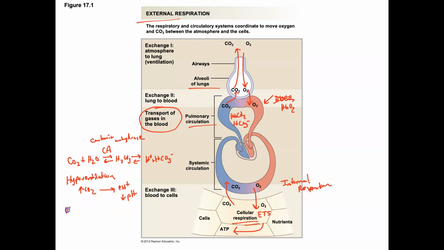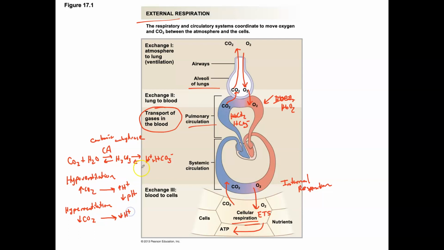If we have hyperventilation, so if we adjust the respiratory system in order to breathe more rapidly, hyperventilation, we're going to decrease the amount of carbon dioxide. That's going to shift this equation to the left, and so we're going to have decreased hydrogen ions.